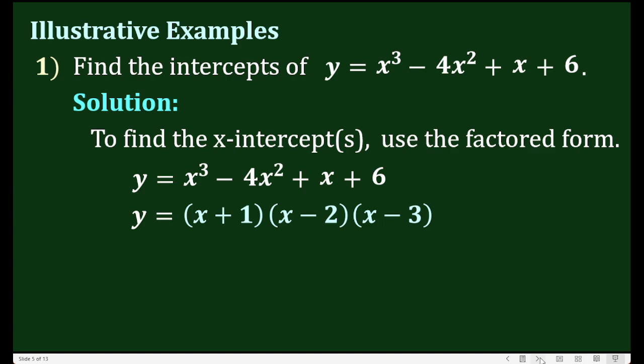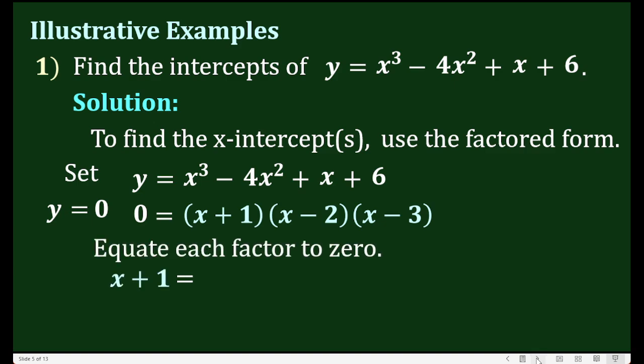Then, to get the x-intercepts, y is set to 0. So y here will be replaced by 0, and each factor is equated to 0. x plus 1 equals 0, or x minus 2 equals 0, or x minus 3 equals 0.